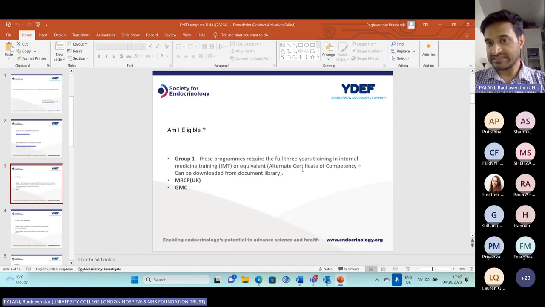Again, this can be found from the document library on the PHSC recruitment website. You go there, there's a document library. Inside that tab, you can find this alternate certificate of competency. You download that. It's about 7 or 8 pages. It's quite extensive. It tells you all the competencies that you need to get signed off from your education supervisor or your consultant. And once you have signed that off, that means you are now eligible.